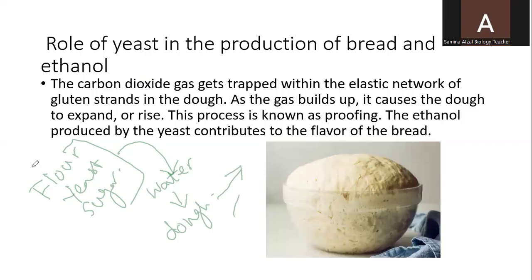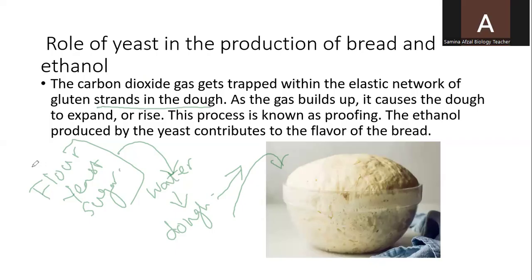the dough will change. As you can see in the picture, it will rise and there will be small bubbles inside. So what is happening in this process? The carbon dioxide gets trapped within the elastic network of gluten strands in the dough. So carbon dioxide will produce these small bubbles.